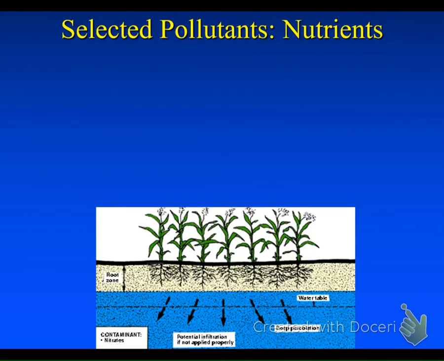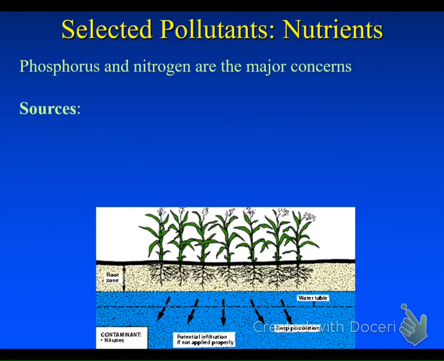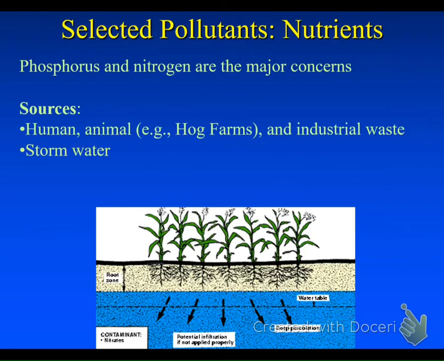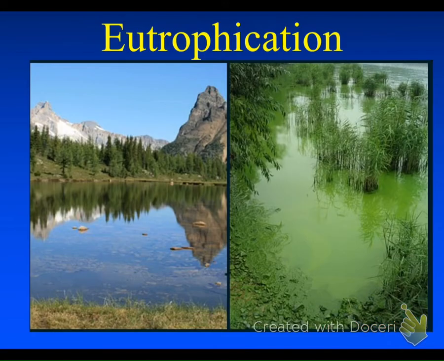Sometimes we add fertilizer to plants, either at home or on farms. And when we do, we always add too much. Well, if that's the case, because of rains and stuff like that, it's going to go down into the ocean. And when that happens, you get something called eutrophication, where you've got so many nutrients that the algae is going to go nuts.